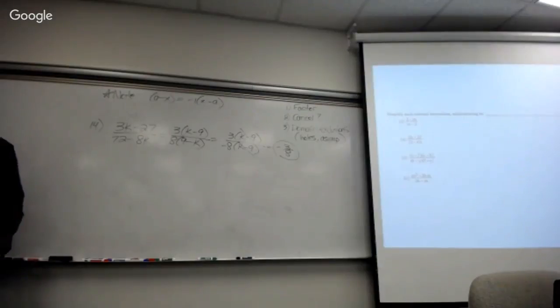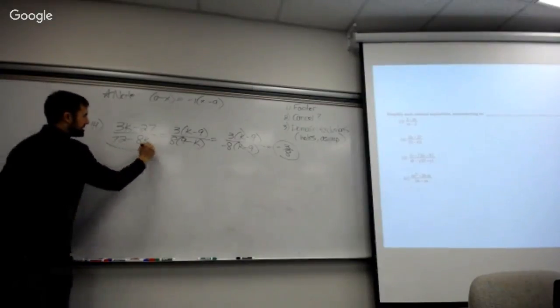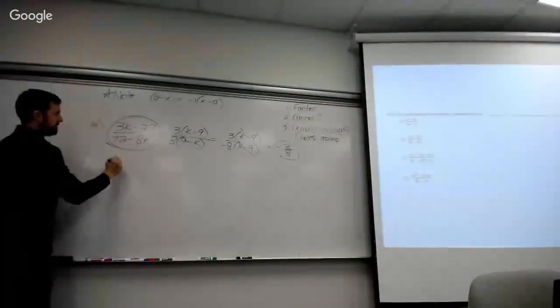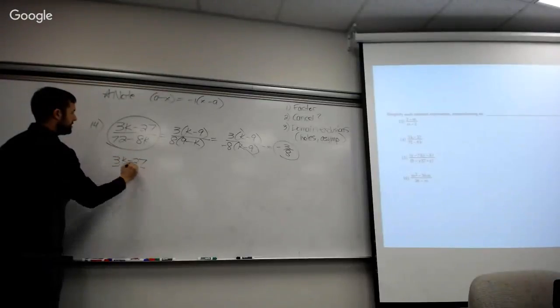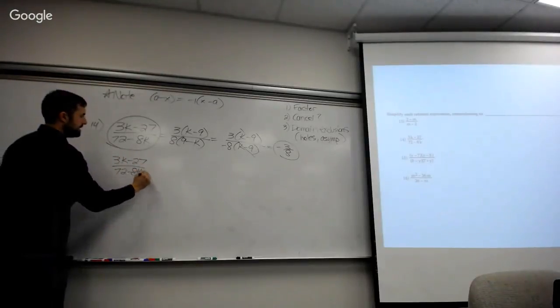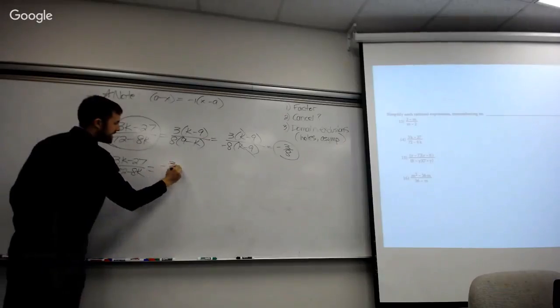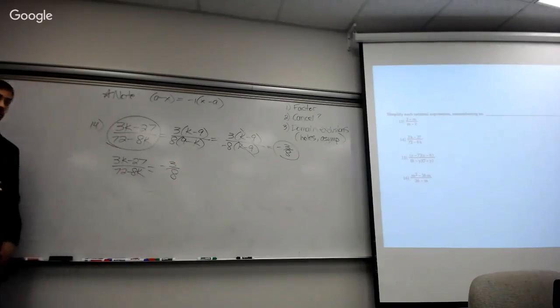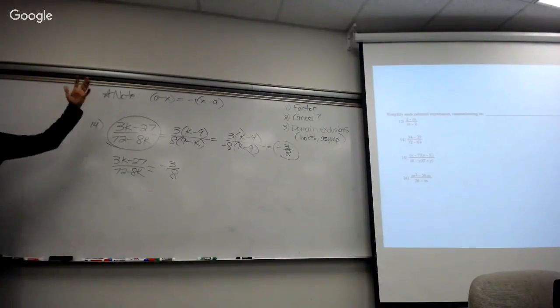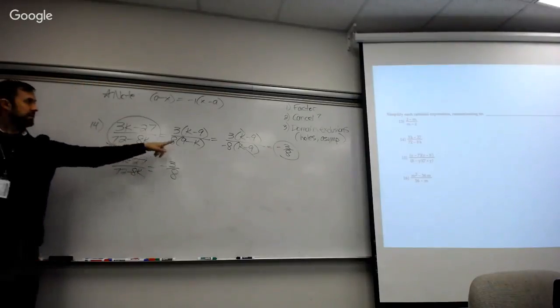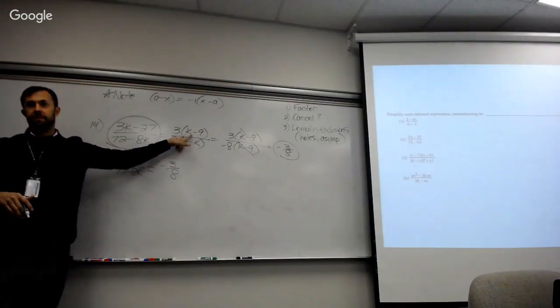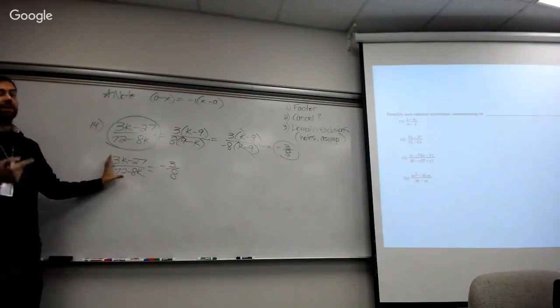Now again, let's think very carefully. We just said that this expression, 3k minus 27 all over 72 minus 8k, is going to equal -3/8. Always? Does it always equal -3/8? It equals -3/8 for every number in the universe except 9. What is this thing equal to if I plug 9 into it?